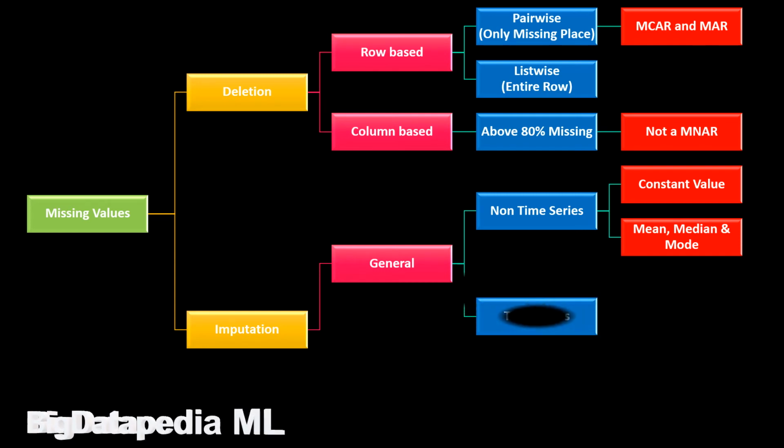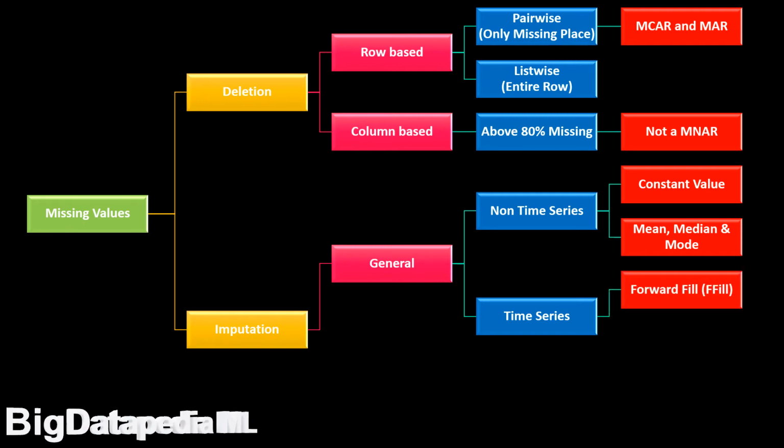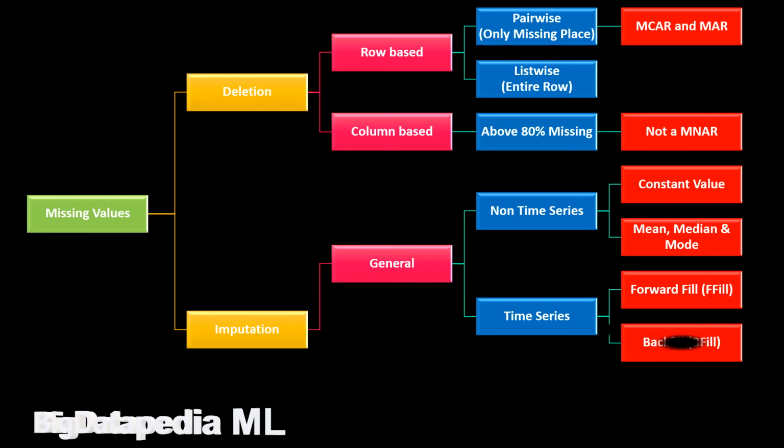Another method is time-series based. If the data is time-series relevant, then we can use forward fill and backward fill. You can apply either one of these if it is time-series data.